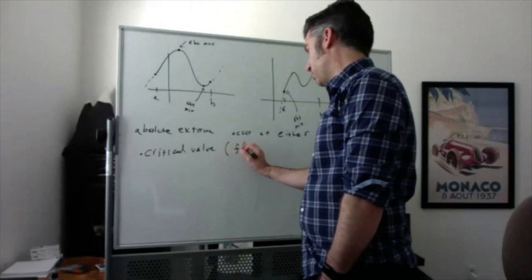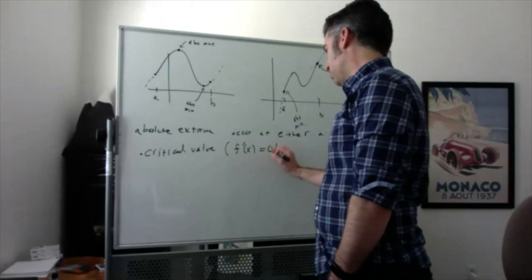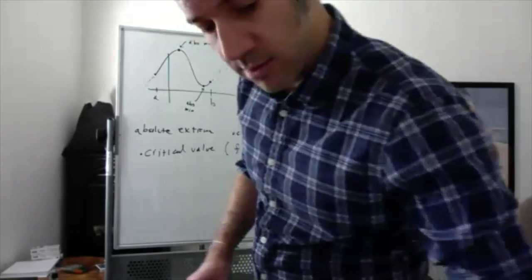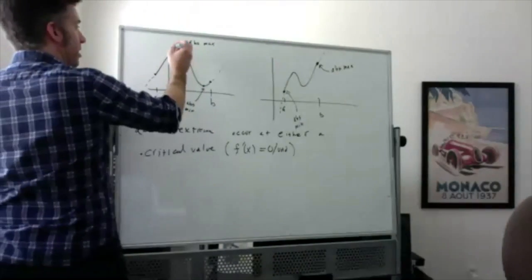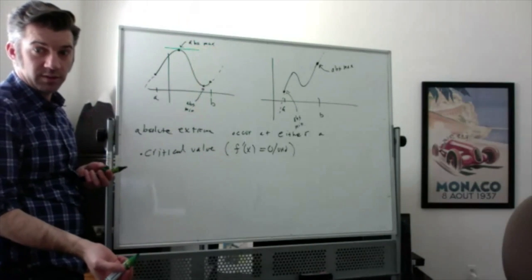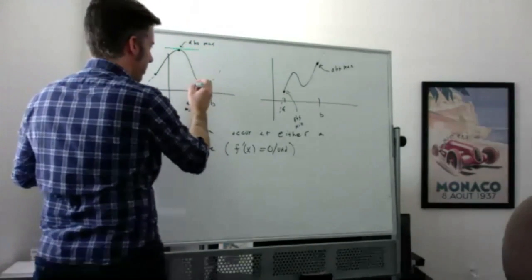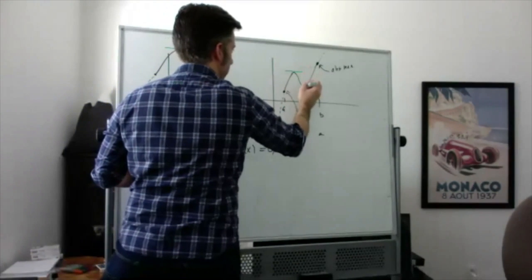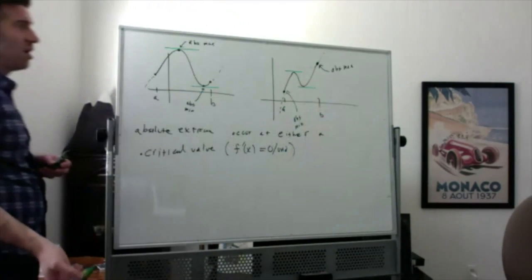So where the derivative is equal to 0 or undefined, like right here, the derivative is 0, right? The tangent line is horizontal, slope is 0, and right here, and right here, and right here. All those places are where the derivative is 0.